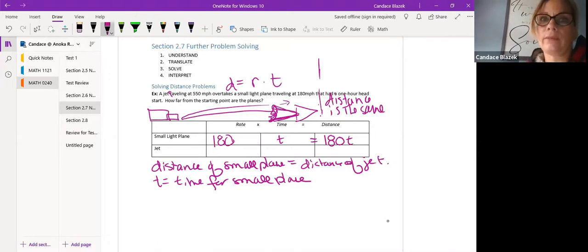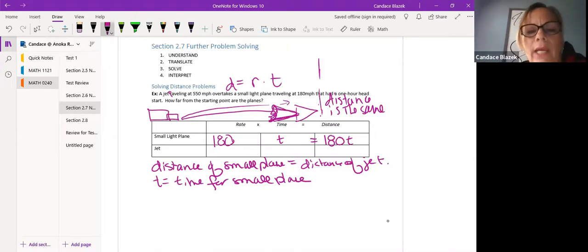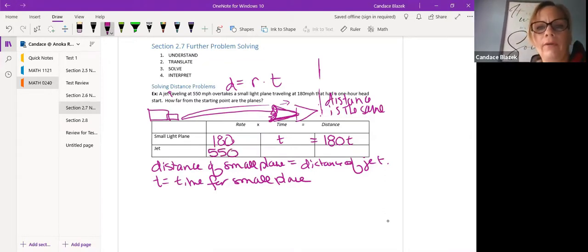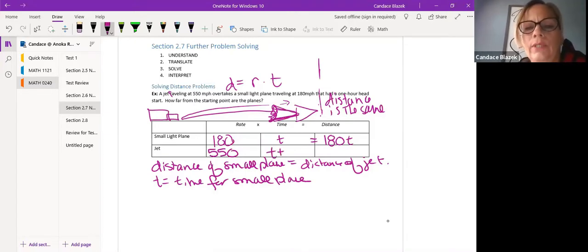Now let's talk about the jet. The jet's rate is 550 miles per hour. Now it traveled 1 hour more because it started 1 hour after the small plane. So since it traveled 1 hour more, it is going to be a t plus 1 hour longer.